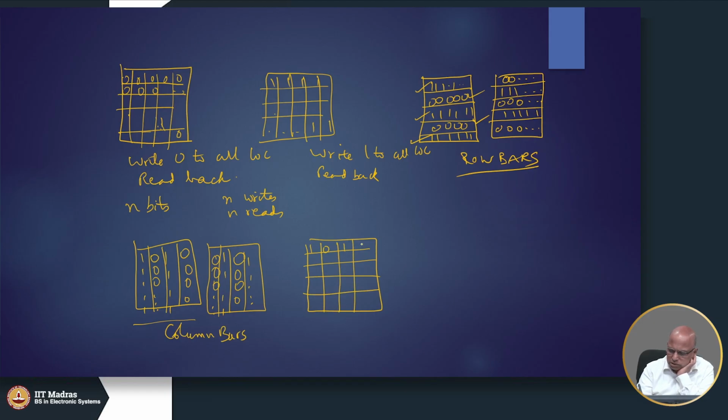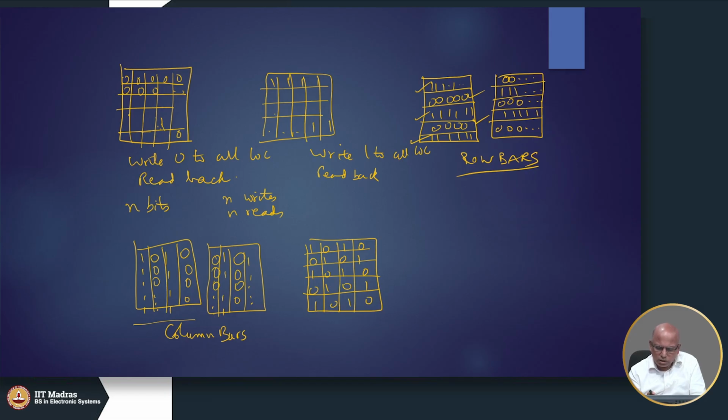These are called checkerboard patterns. 1 0 1 0, 0 1 0 1, 1 0 1 0, 0 1 0 1, 1 0 1 0. You can imagine that this is an even better pattern. Only thing is, the hardware to produce this pattern may be more complicated. Column bars, maybe it's not so difficult to write.